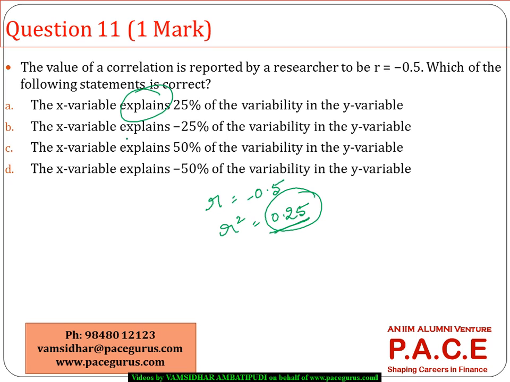So I can very well say that the x variable explains 25% of the variability of the y variable. This is purely coming from the conceptual aspect of the coefficient of determination itself. Alright, let's move on to the next question then.